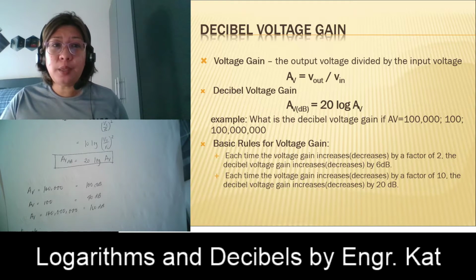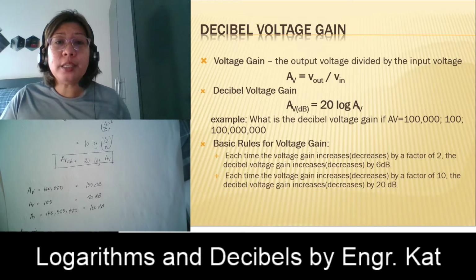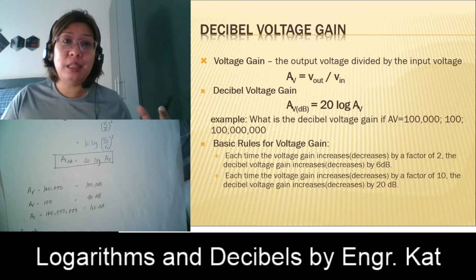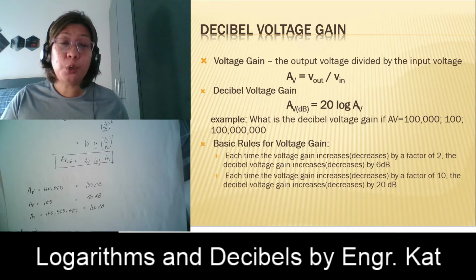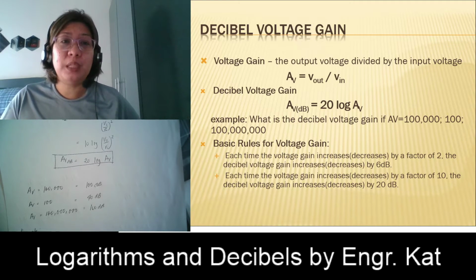And likewise, every time you increase or decrease your voltage gain by a factor of 10, the decibel voltage gain likewise increases or decreases by 20 dB. In power gain, it is 10 dB. For voltage gain, it is 20 dB. Okay?